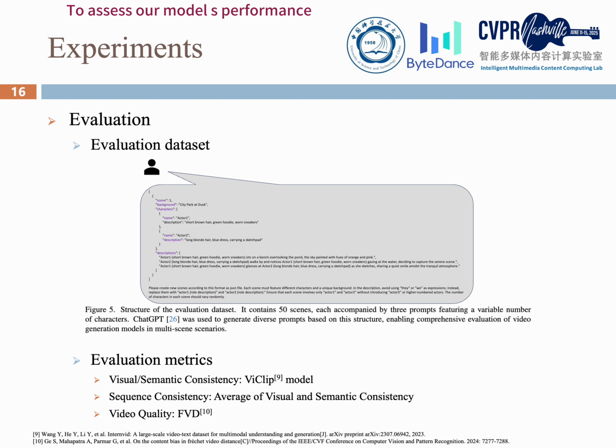To assess our model's performance, we adopt the following evaluation metrics. Visual consistency measures the visual coherence between generated scenes. Specifically, we compute the average pairwise similarity across the 3 scenes using ViClip's visual encoder. Semantic consistency evaluates how well each generated scene aligns with its corresponding prompt.